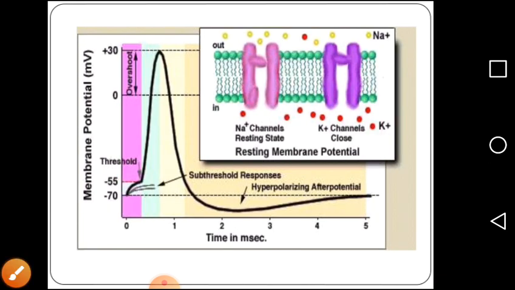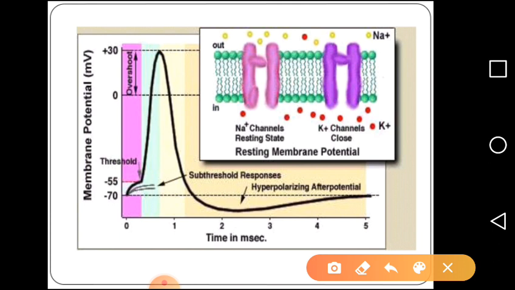Okay, again let's see this. There was this threshold value which causes the potential to spike, at minus 55 millivolt. And this is basically the overshoot. When the potential reaches more than 0 millivolt, up to plus 30 or plus 40, this is called overshoot.